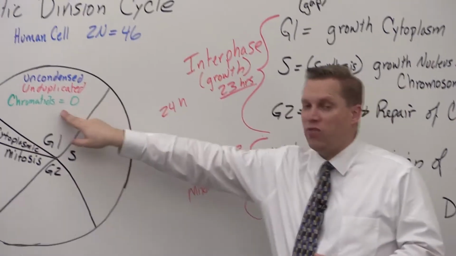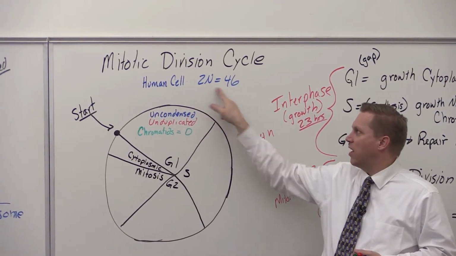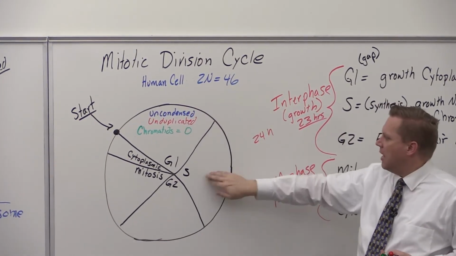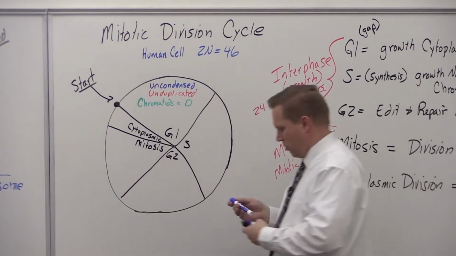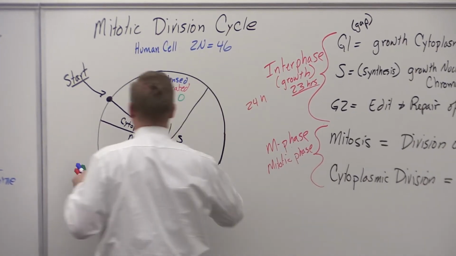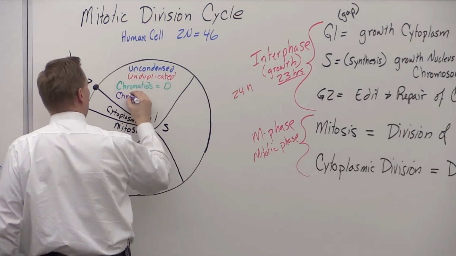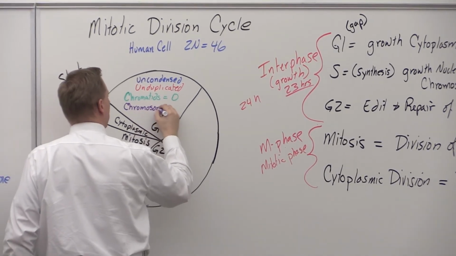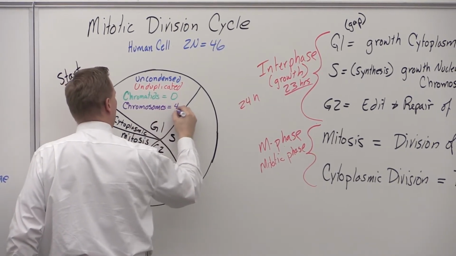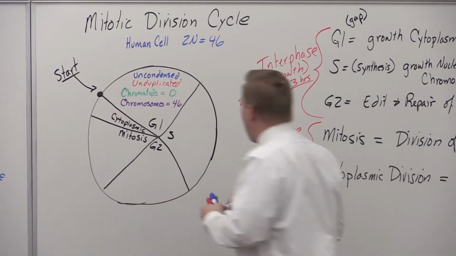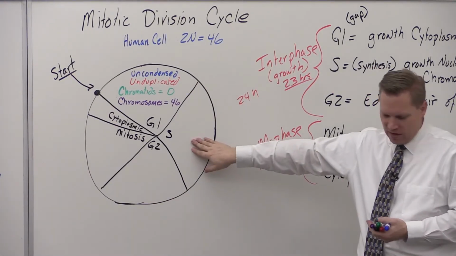How many chromosomes do we have? Well, we have 46. Now, maybe we'll write that up there too, in purple. Chromosomes equals 46.